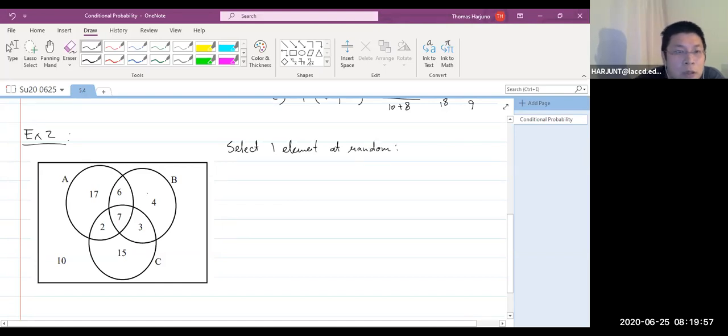Now, the numbers that I put here represent the number of elements in that set. So 17, for example, when I write it this way, it doesn't mean 17 is in set A. No, I'm saying that there are 17 elements in this set A only.